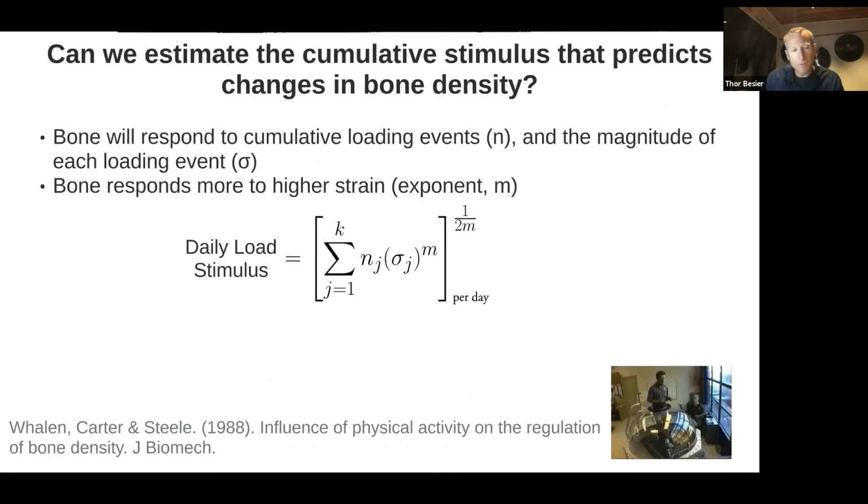Some people may be aware of this work, and it became known as a daily load stimulus, which has been used by ourselves in the IMU STEP philosophy of what we're trying to do to understand bone injury and cumulative loads.